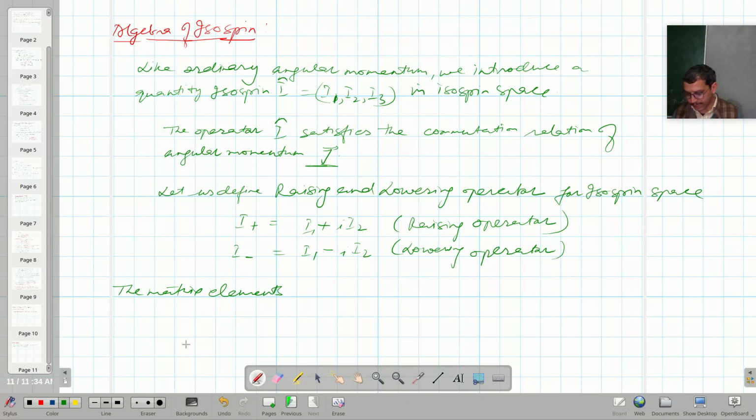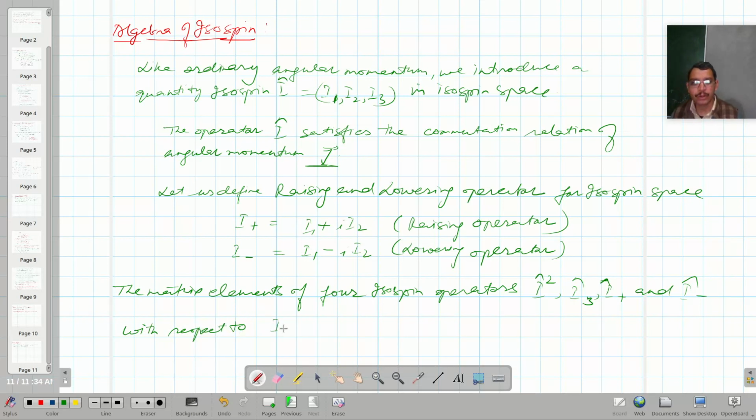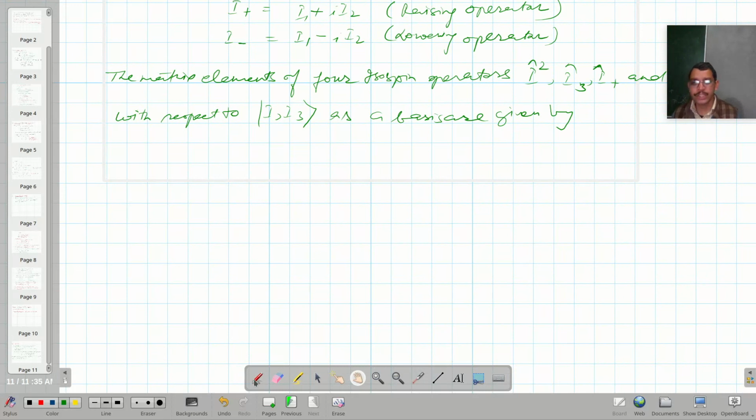So the matrix elements of four isospin operators, that is I square, I3, I plus and I minus, with respect to I, I3 as a basis, are given by: first is I square.